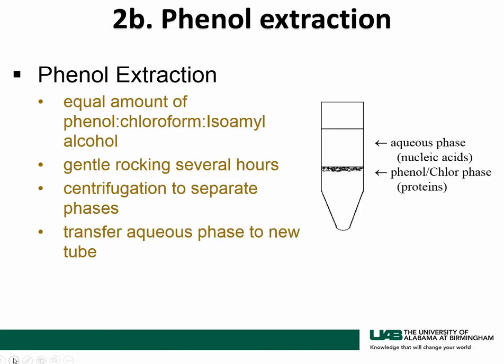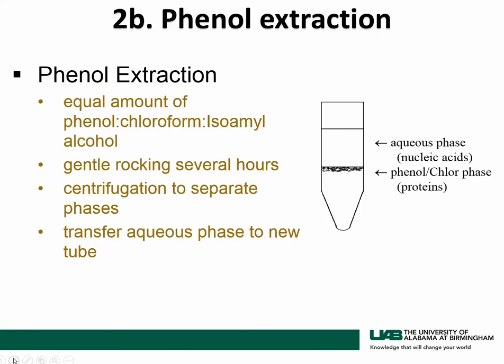Now, phenol is used to denature molecules such as proteins and destroy the others such as carbohydrates and lipids as well. Chloroform is added to make phenol much heavier so that it can be separated from the aqueous layer, and isoamyl alcohol is added as an anti-foam agent to keep bubbles from forming as you rock or you vortex the mixture.